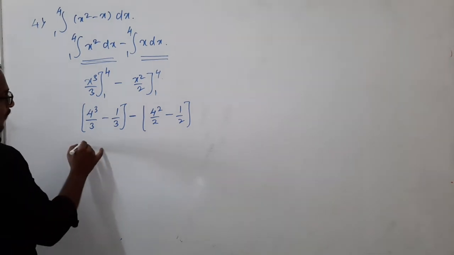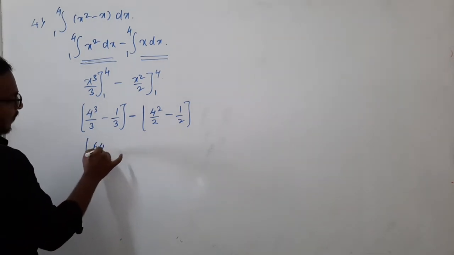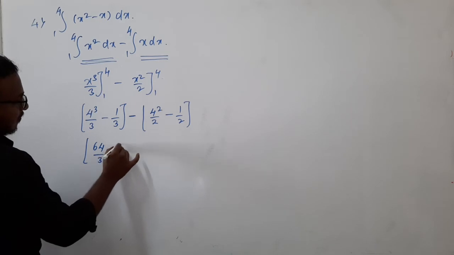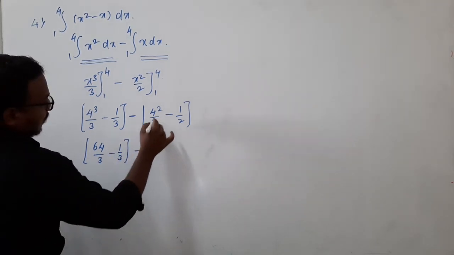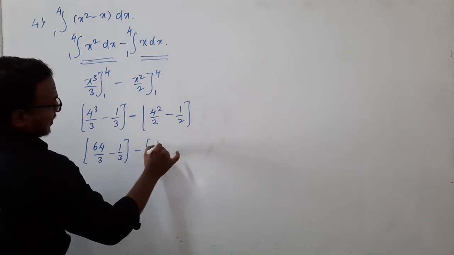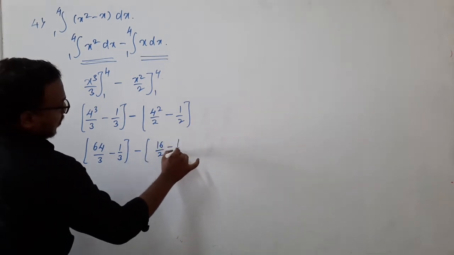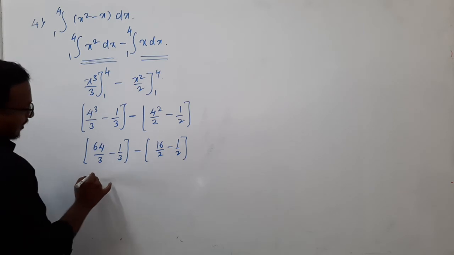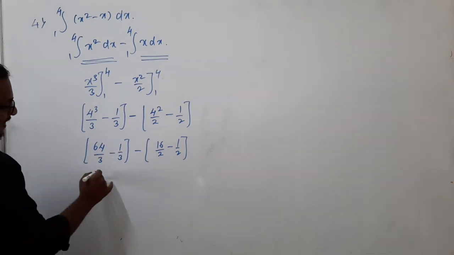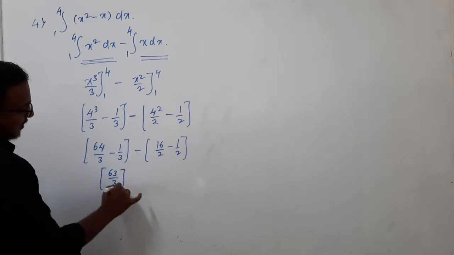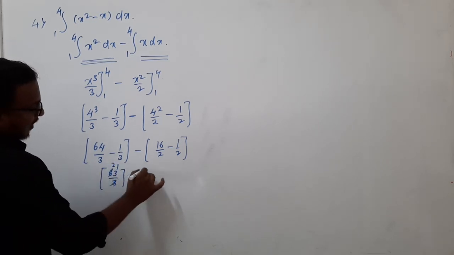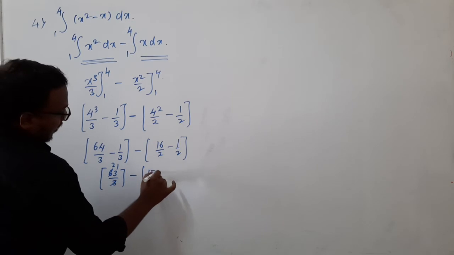Now solve this one. 4 cube means 64, minus 1, by 3, minus 4 square means 16 by 2, minus 1 by 2. 64 minus 1 means 63, 63 by 3 means 21, minus 16 minus 1 means 15 by 2.